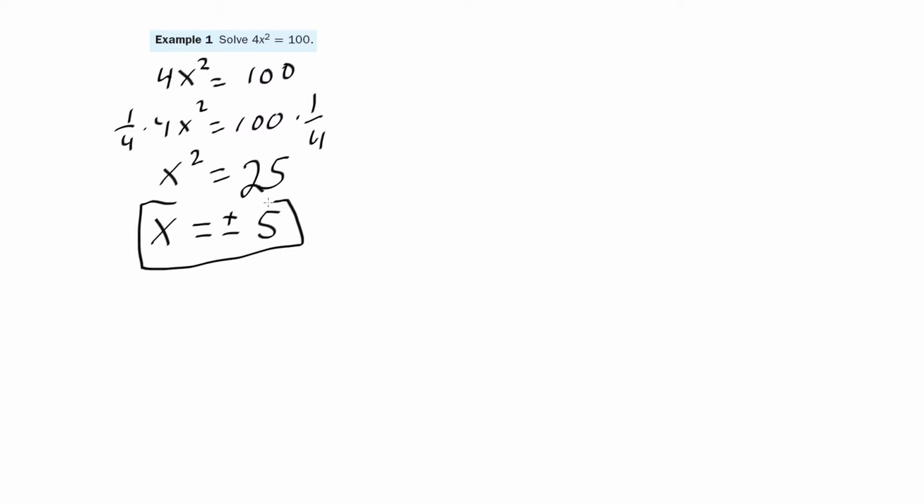Well, there may be problems that aren't as simple, and we might need a little bit more help, and we could graph these problems and see what kind of result we get. I'm going to do a quick graph here.